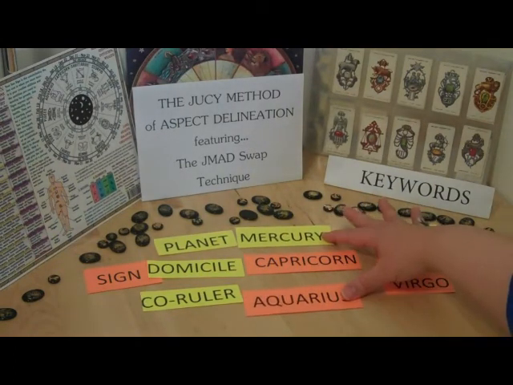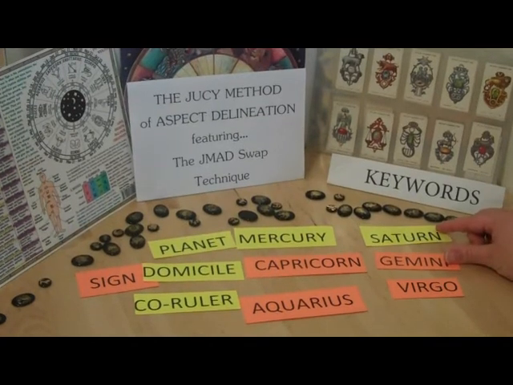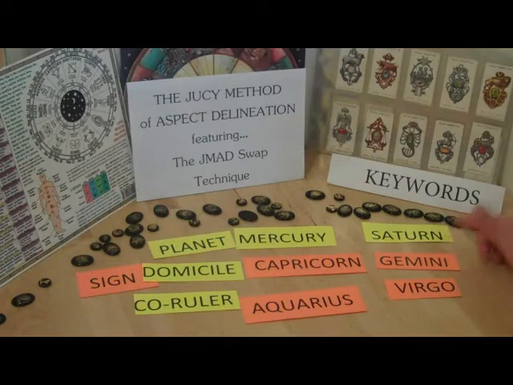With Mercury Aquarius, communication humor, or humorous communication. With Saturn Gemini, serious facts, and Saturn Virgo, serious analysis. If we were to use the planet-to-planet traditional method of aspect delineation, we would have got serious communication. So I find the JMAD swap to be more robust as well.